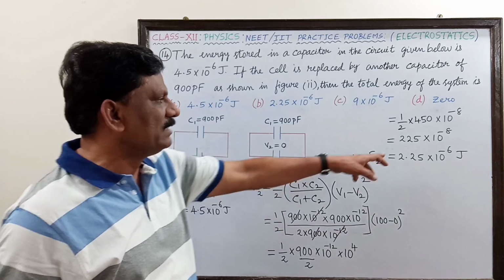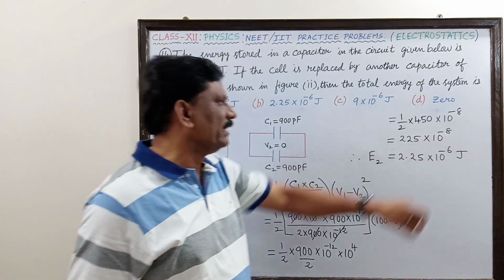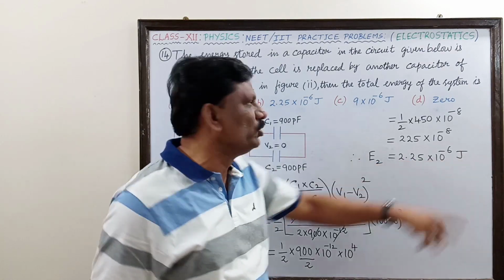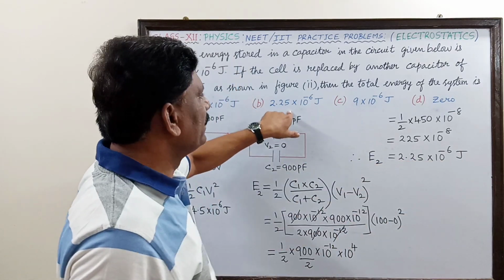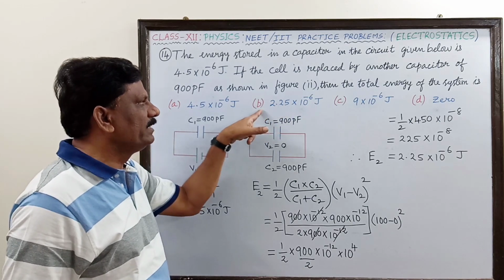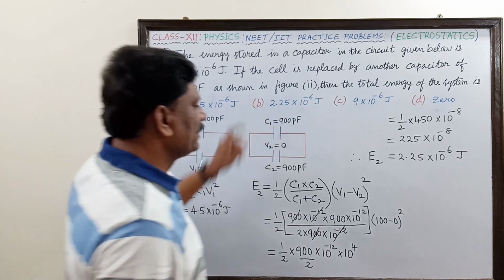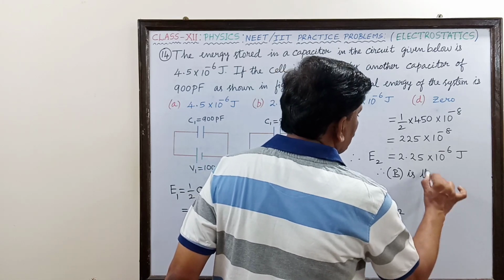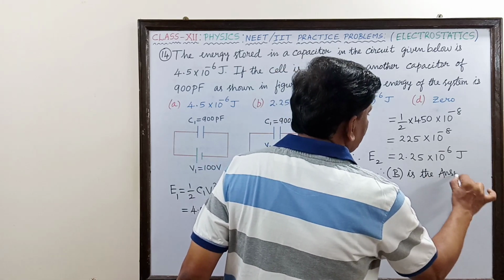I am adjusting the powers of 10, so that the required answer is 2.25 into 10 power minus 6 joule. So which answer is the correct option? See here. Option B is the correct answer. Therefore option B is the correct answer.